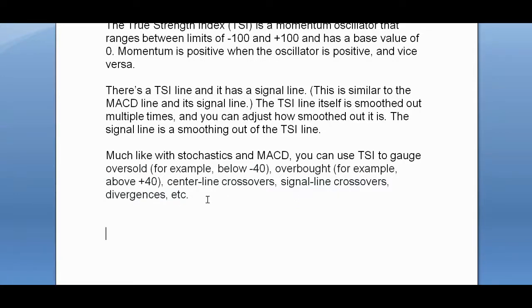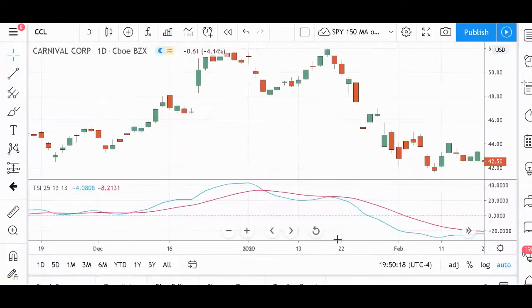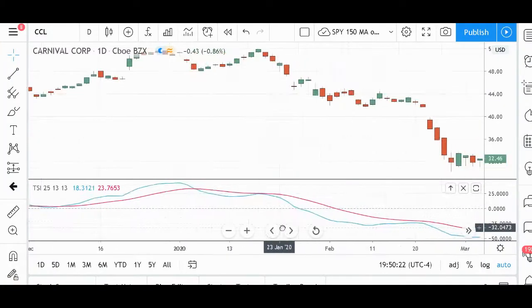You can use it for center line crossovers. Let's say the TSI line, the blue one, is above 0 and then goes below 0. That could be a signal that the momentum has changed. Maybe you want to get out of your trade and take profits.